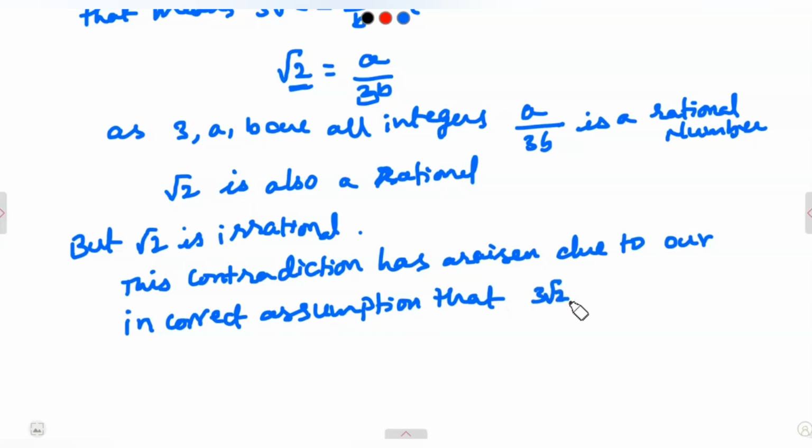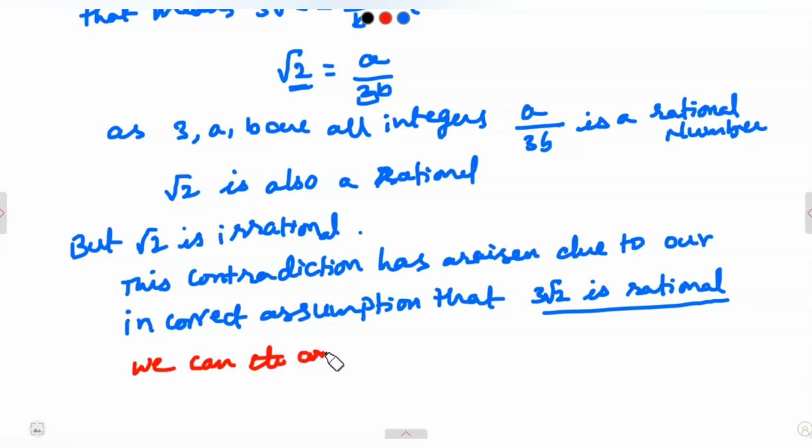We assumed in the beginning 3 root 2 is rational. So because of this contradiction, now we can take back our word, and we can conclude that 3 root 2 is not rational, it is irrational.